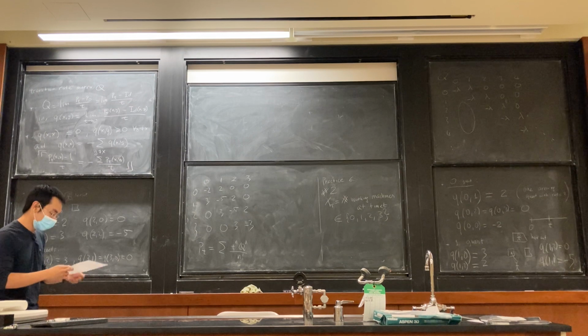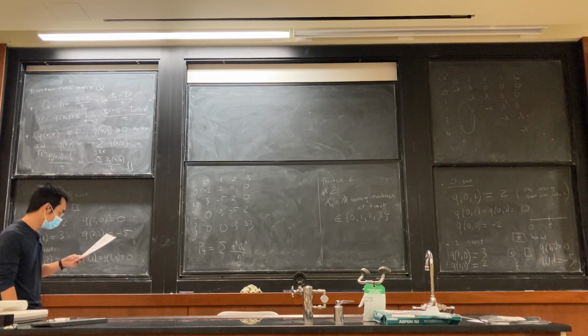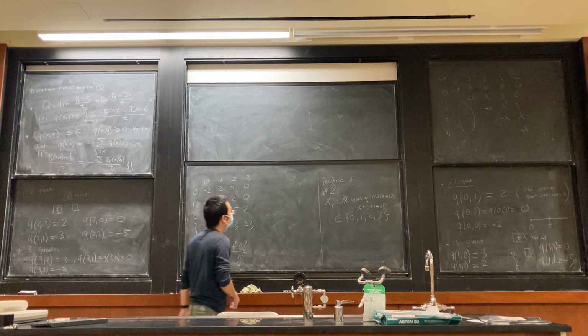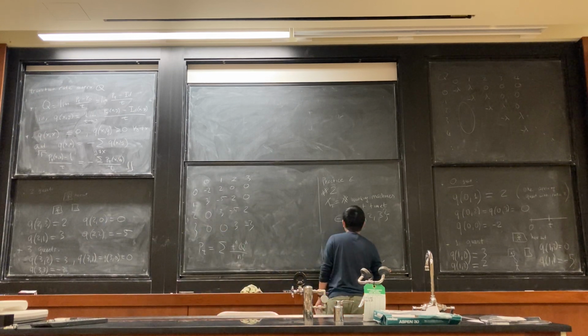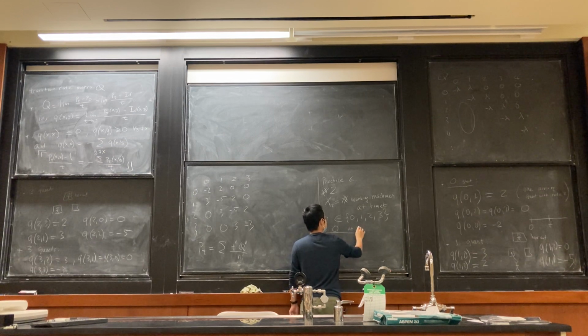All are failing. So as usual, let's think about how I can jump. Suppose I have 0 working machines at time t.